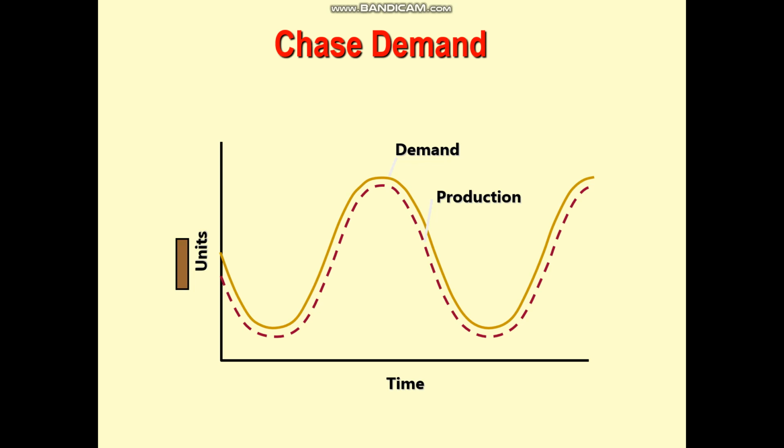But here, if the demand is 80,000, they will produce 80,000. If the demand is 100,000, they will produce 100,000. So chase demand means they will produce the same quantity as the demand.